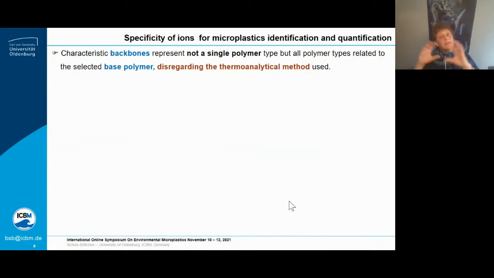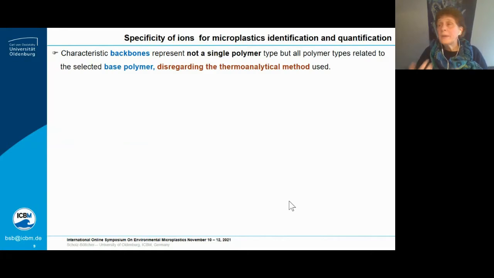Okay, so we have seen the characteristic backbones that are detected to identify polymers, and that works pretty well if we have one distinct polymer. Thermoanalytical methods, not only pyrolysis GC-MS, all thermoanalytical methods are able to identify distinct polymers.